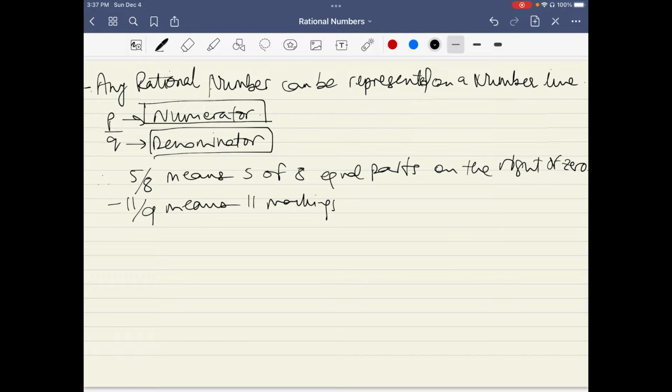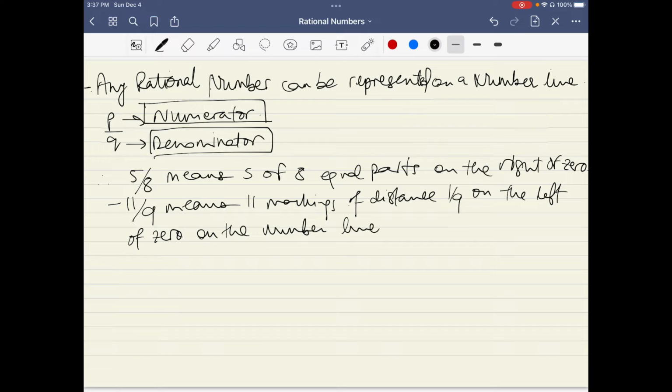It means 11 markings of distance 1/9 to the left of 0 on the number line. And -11/9 is the 11th marking on that number line, again to the left of 0.